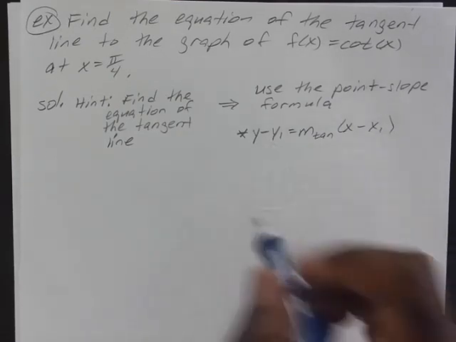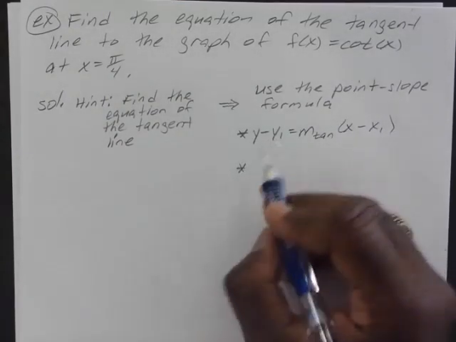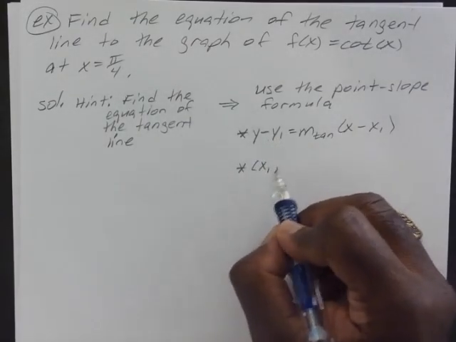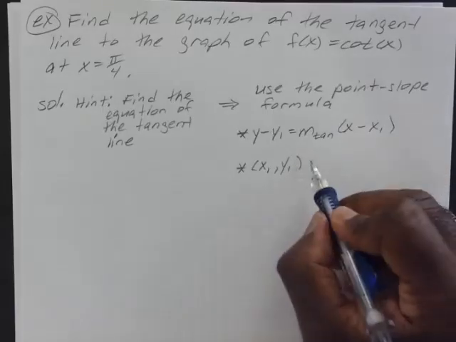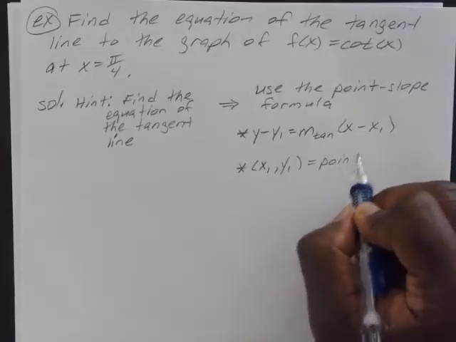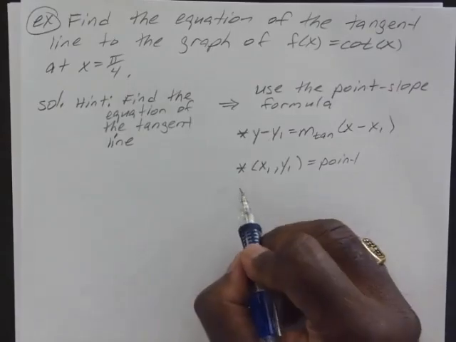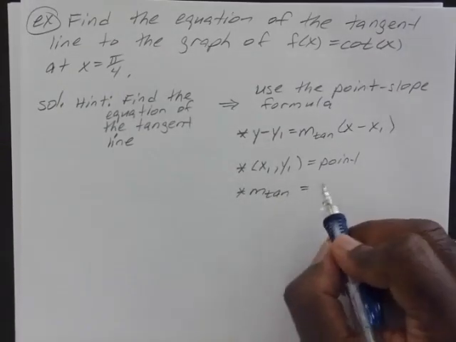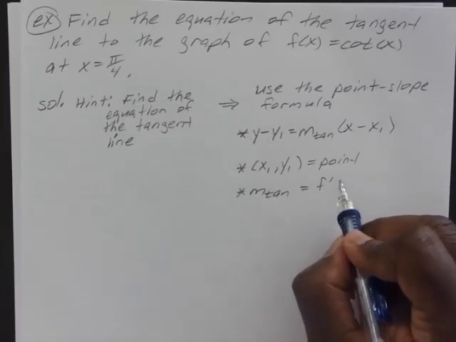Okay, now that x1, y1, that's your point. And your slope of the tangent line, remember, that's just your first derivative.